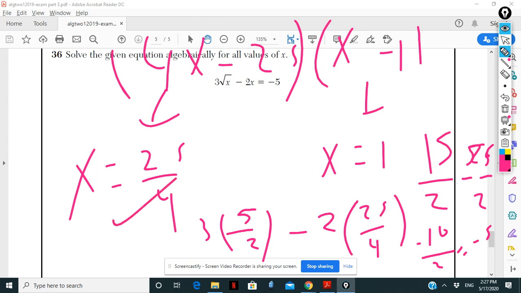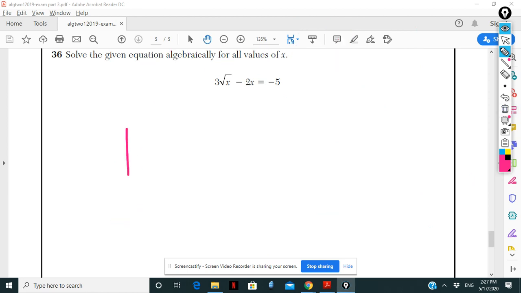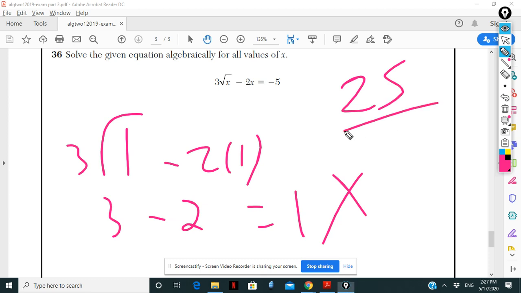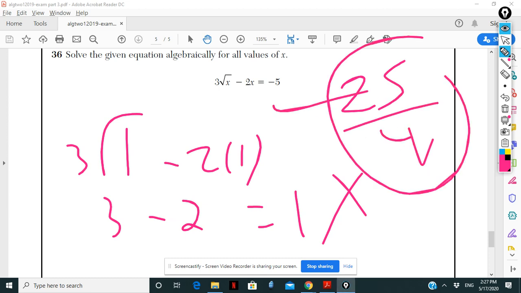So this one is correct. I'm checking now the 1. So 3 times 1 is 3, minus 2 times 1 is 2, giving me 1. So the second one doesn't work. So it's only 25 over 4.